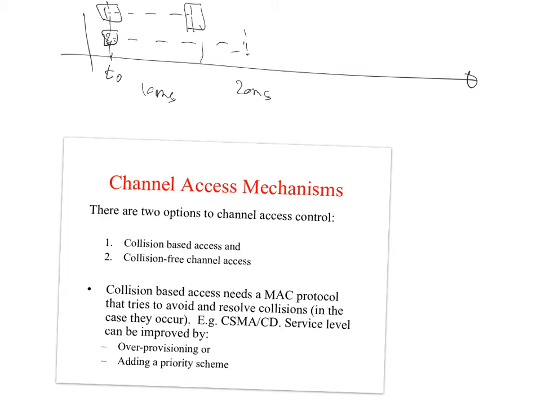So this random number varies over time. So the one that generated 10, next time it will generate 20. If that's the case, then we have fairness, because one will go first this time, the other one will go first the next time. If we want to have priority, then we will give this one the priority to always wait for a shorter time compared to the other nodes, which means that if there is collision, this node will have access next time to the channel before anyone else.